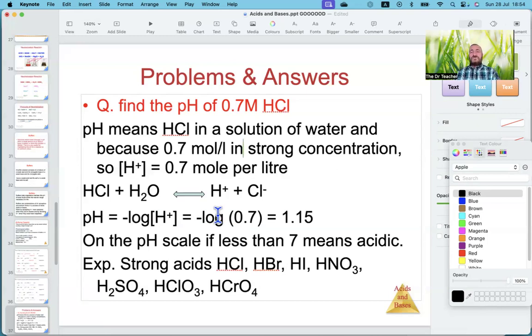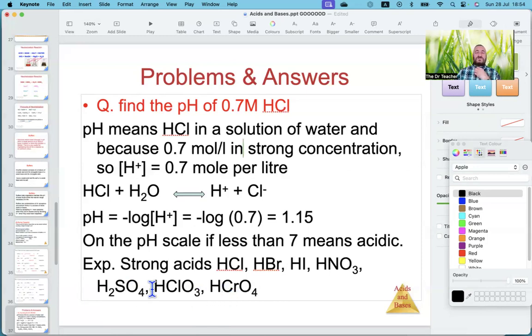This is the pH of 0.7 molar HCl. So on the pH scale, if it is less than 7, it means acidic. Examples of strong acids are HCl, HBr, HI, HNO3, H2SO4, perchloric acid, and perchromic acid, HCrO4.